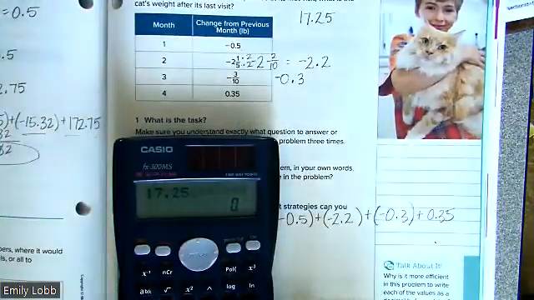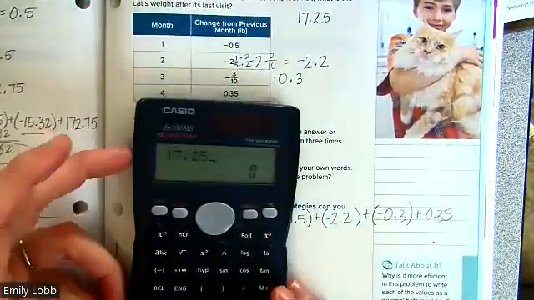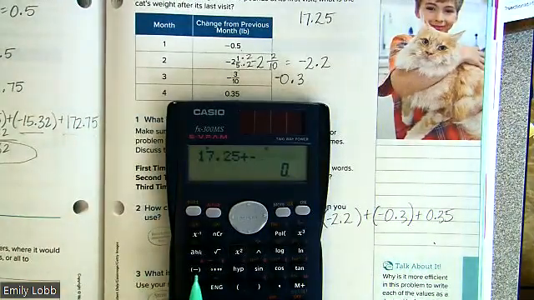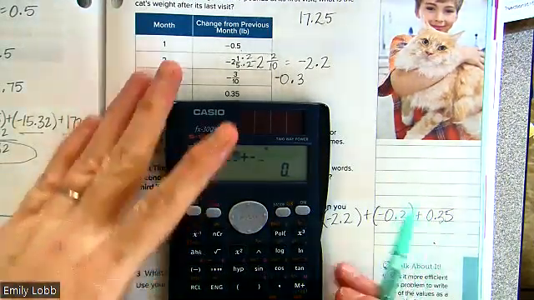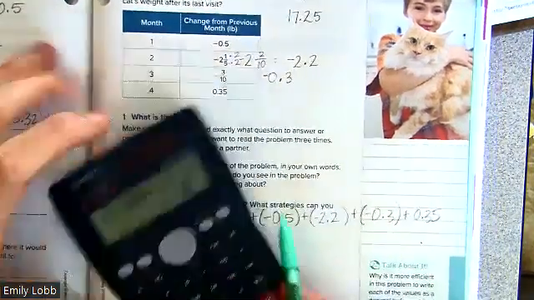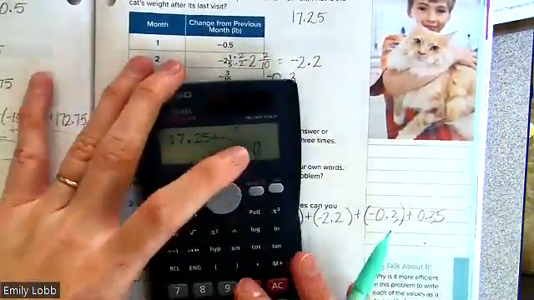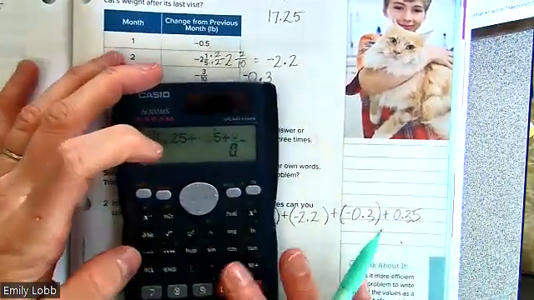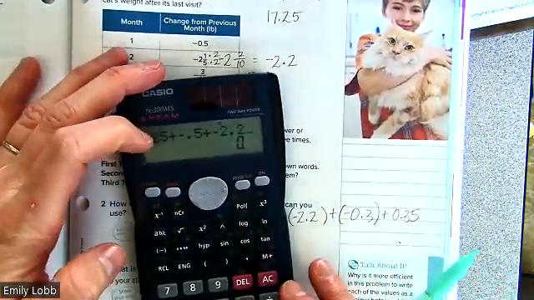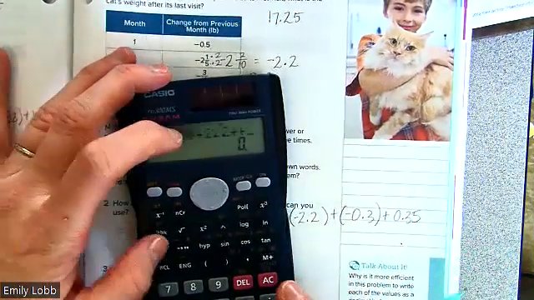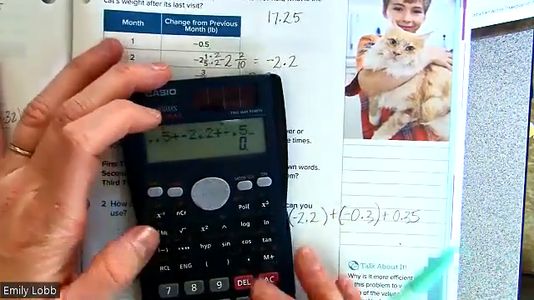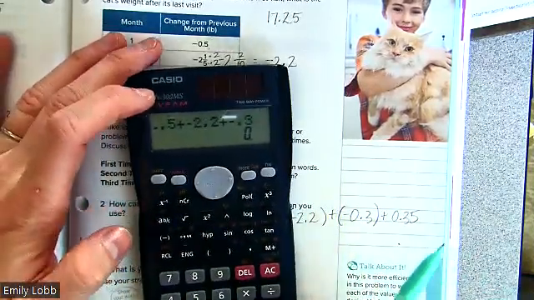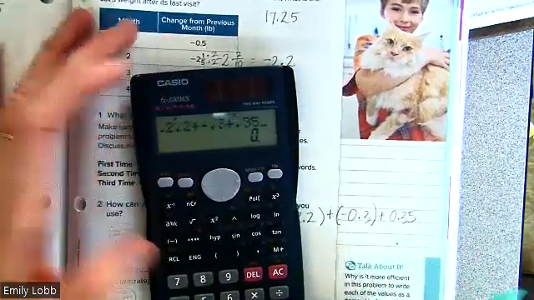So 17.25 plus a negative. Remember, I'm not using my subtraction sign. I'm using that negative sign. Plus a -0.5 plus a -2.2 plus a -0.3, plus 0.35.